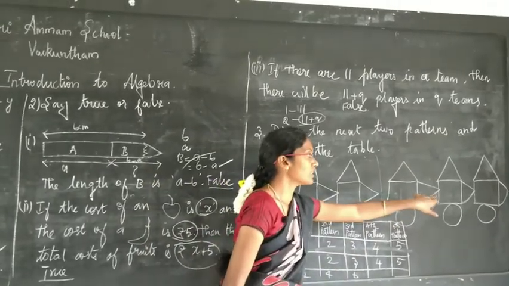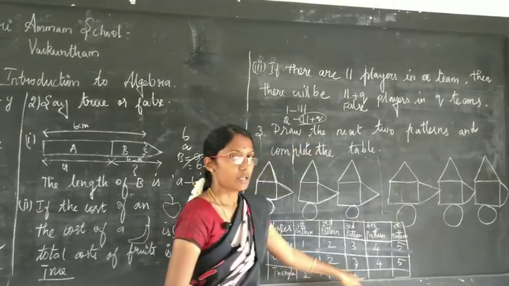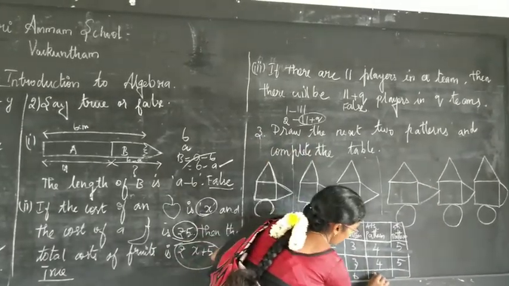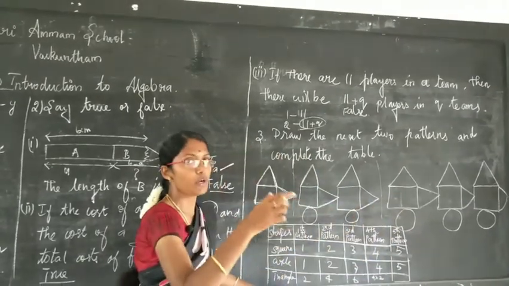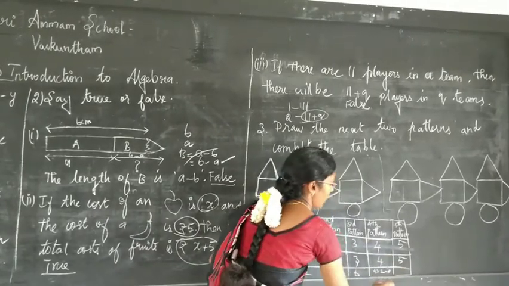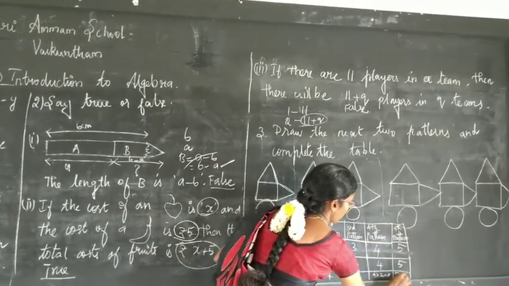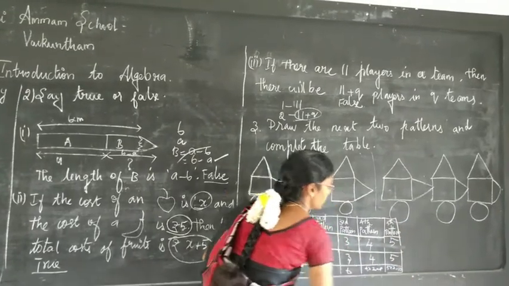So 3 figures, each figure carries 2 triangles. So 3 2s are 6. Next, how will you write? 4 diagrams, so 4 into 2, 8. Next one, 5 diagrams, so 5 2s are 10.